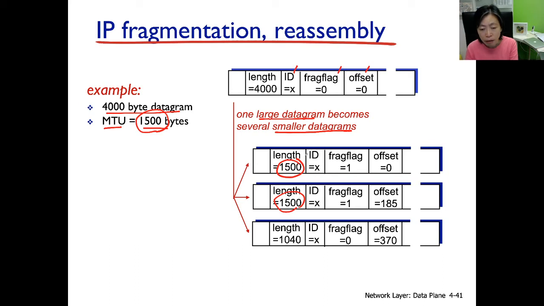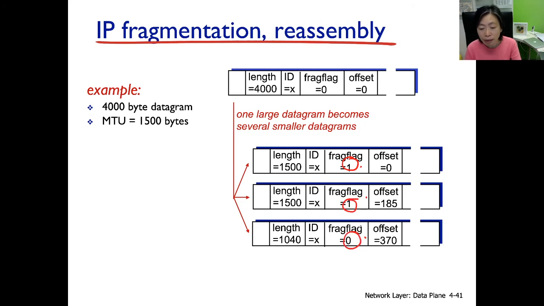You see there, the three smaller packets will all be carrying the same X. So the ID field is used to identify which of these packets belong to the bigger, original datagram. Second field, you see the three are in sequence. First, second carries the flag 1.